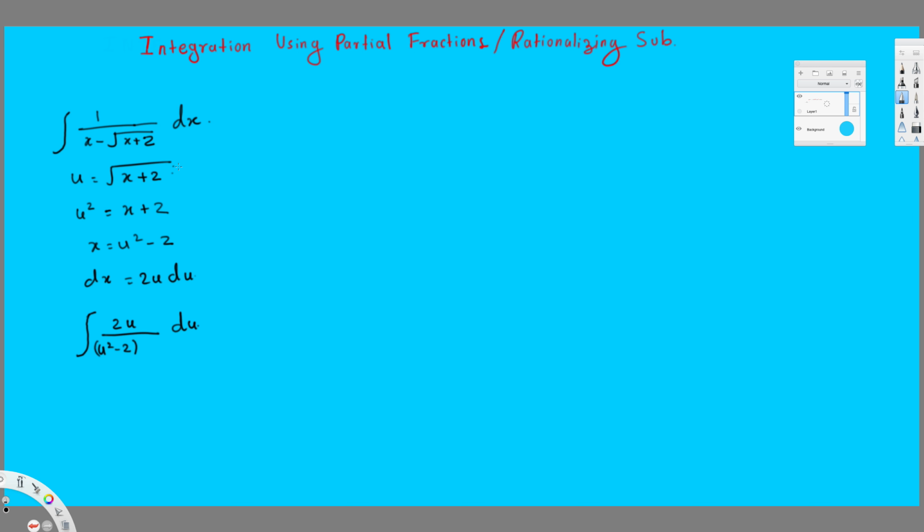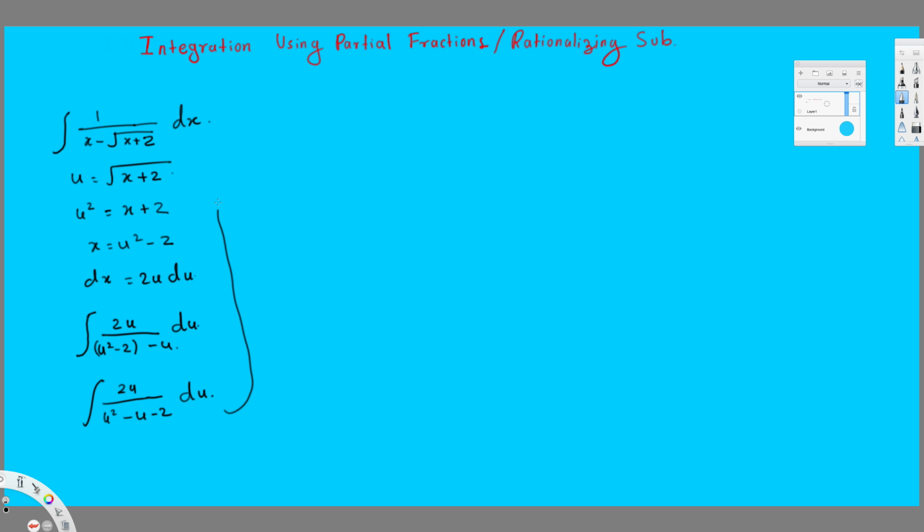Instead of the square root of x plus 2, I plug in the u value, so this is going to be minus u. Now we can get rid of this bracket and arrange them in power order. So this is going to be 2u over u squared minus u minus 2, and we have a du right here. Since 2 is a constant, I can bring it to the front.